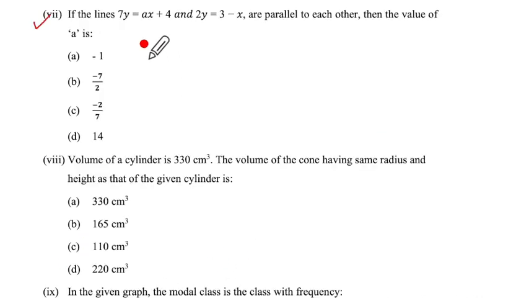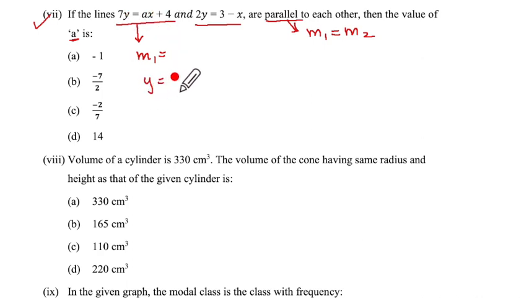The seventh subpart: if the lines 7y minus ax plus 4 and 2y equal to 3 minus x are parallel to each other, then the value of a is. Now if the lines are parallel, the slopes m1 and m2 are equal. So let us first get the slope m1. Convert this into the format y is equal to mx plus c.